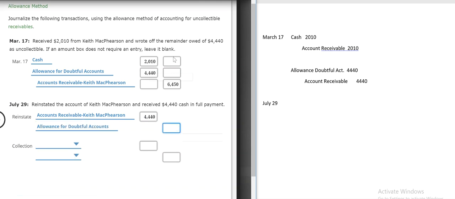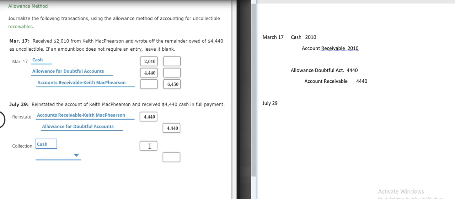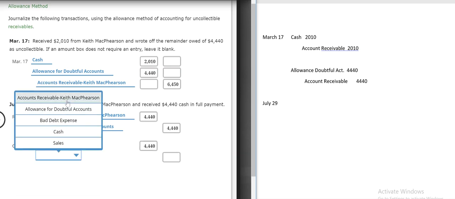That's why I like doing it in two separate entries instead of one. So 4,440. And then this is not the end. I need to show that I finally have the cash, that he did pay me. So I'm going to debit cash 4,440, and credit account receivable.